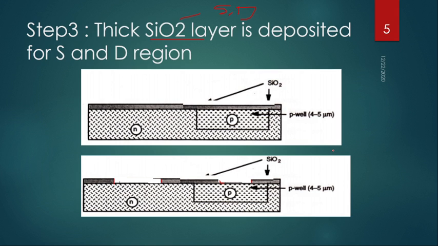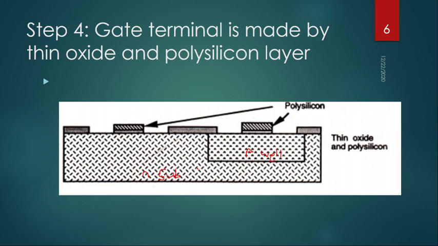So this is the source of the PMOS, because an N-type substrate is there, so PMOS will be fabricated here, and the P-type well acts as the substrate for the NMOS transistor. This will be the source for it, and these are the two common drain regions for both NMOS and PMOS.